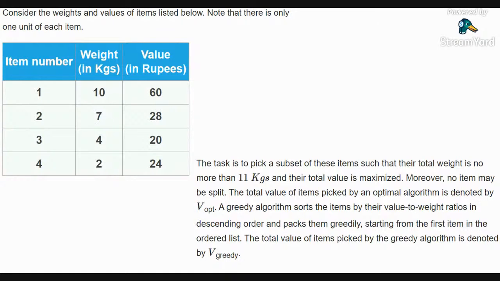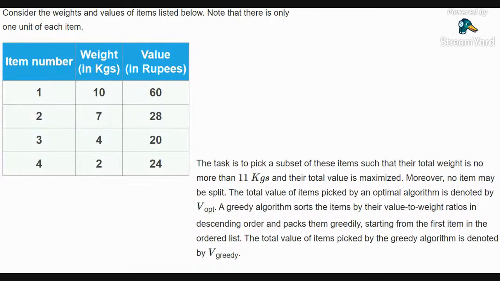And what is the remaining knapsack capacity? Total capacity is 11, so you utilize 2 for storing the fourth item. Remaining knapsack capacity is 9. After that, what is the second item in the value to weight ratio list? The first item will be 6, the third item 5, and the second item 4. So what will you consider?